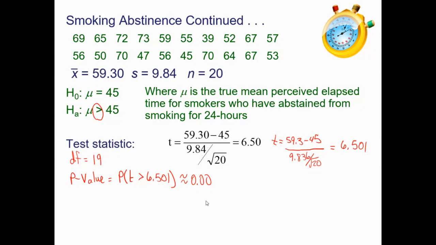Which means that no matter what alpha we picked, what will we do to this test? We would reject. It says use alpha 0.05, even if I use 0.01, we're going to have to reject.